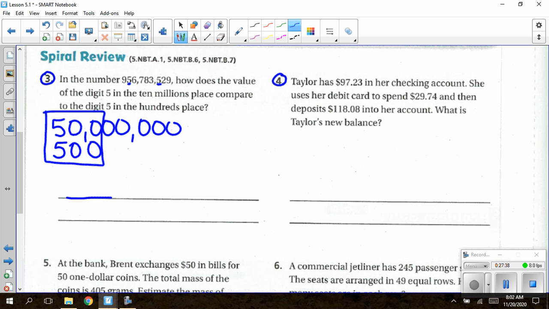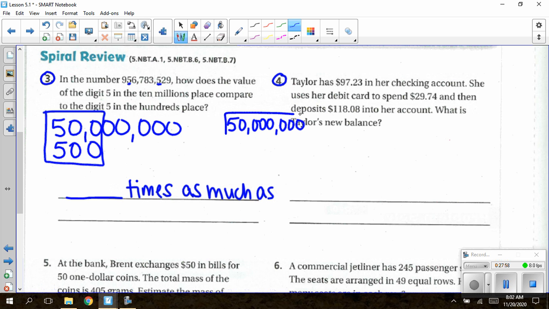So it will be blank times as much as. Now, if you can't figure that out, another way to solve this is by taking your 50 million and dividing it by 500. That's the other way that you can solve this question.